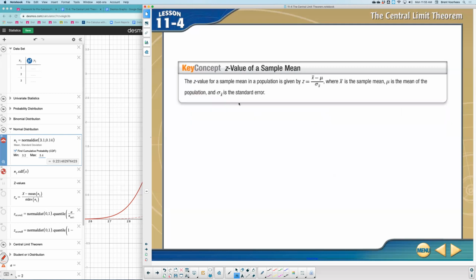So the mean will stay the same. The z value, very similar to the formula we saw earlier in the bell ringer, will be x bar, the sample mean, minus the original or perceived mean, divided by the new standard deviation, which is called the standard error.